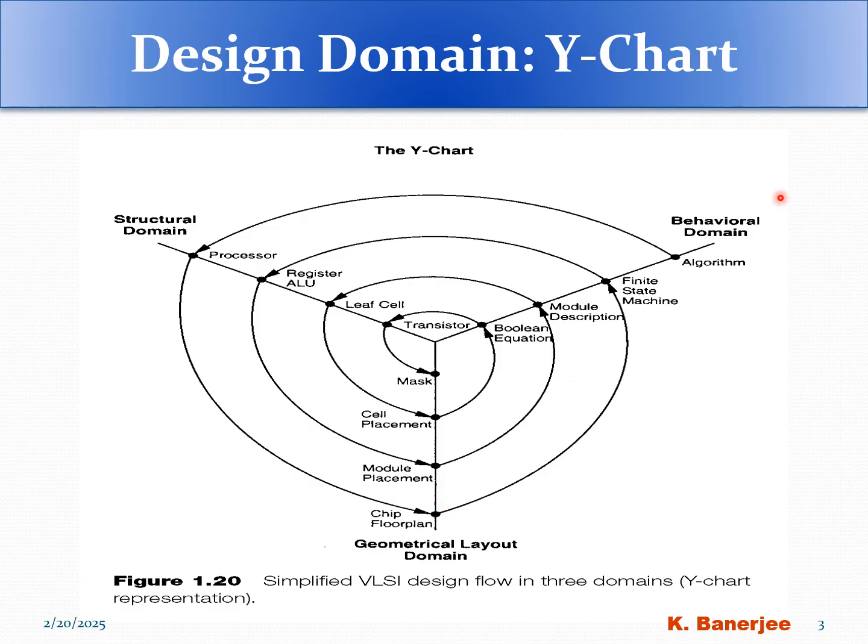So let me discuss the 3 domains one by one. First, I am discussing the behavioral domain. In this domain, the part of the design or the whole is seen as a black box. The relation between the inputs and outputs is given without reference to the implementation of the relation.